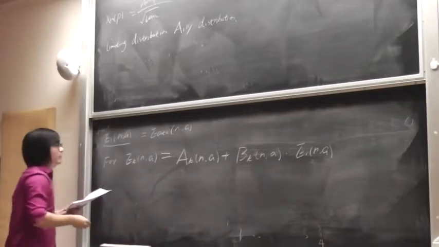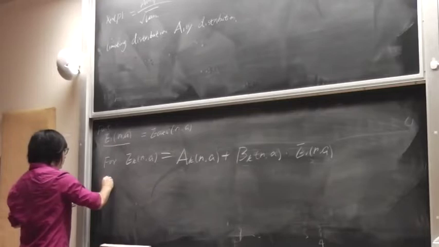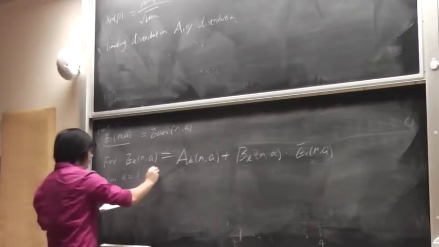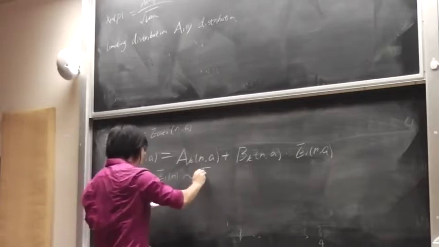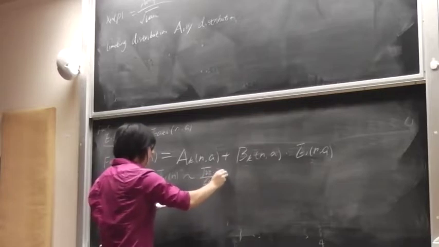So in the most interesting case, when a is 1, E_1 is asymptotic to n to the 3 halves.